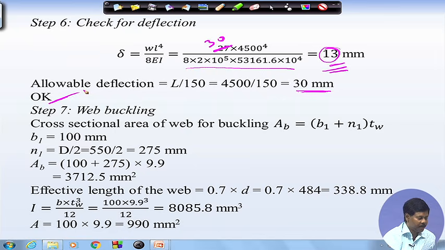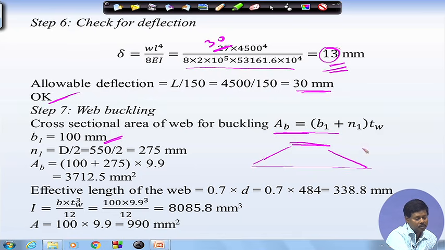Then we will go for web buckling, and as the bearing length was given as 100 mm, I can find out the cross sectional area of the web for buckling. For that we know B1 and N1, because if this is the bearing, then it will be dispersed at 45 degrees up to the neutral axis, and this is d by 2, which is N1.